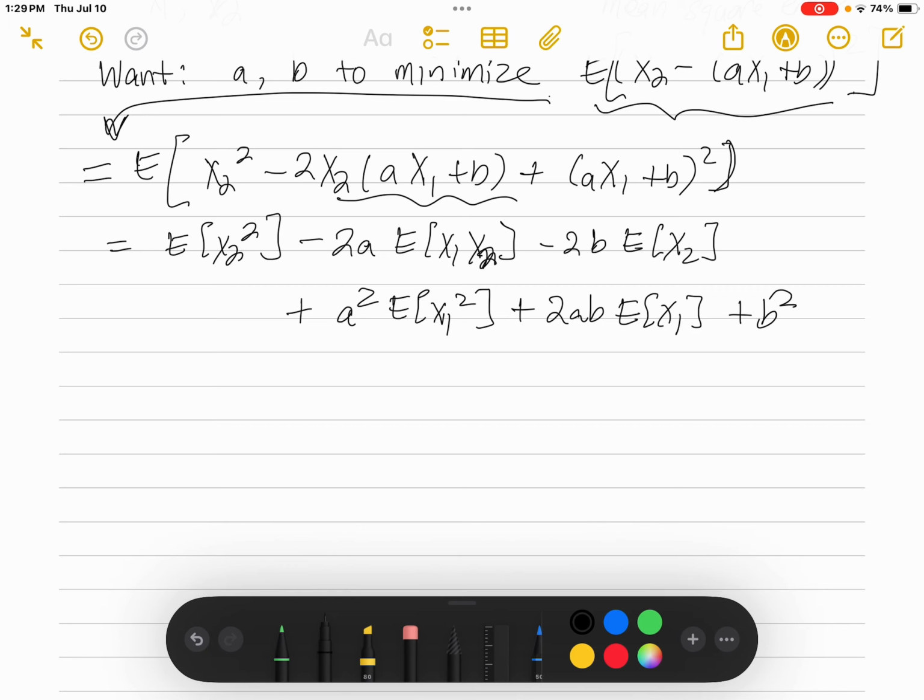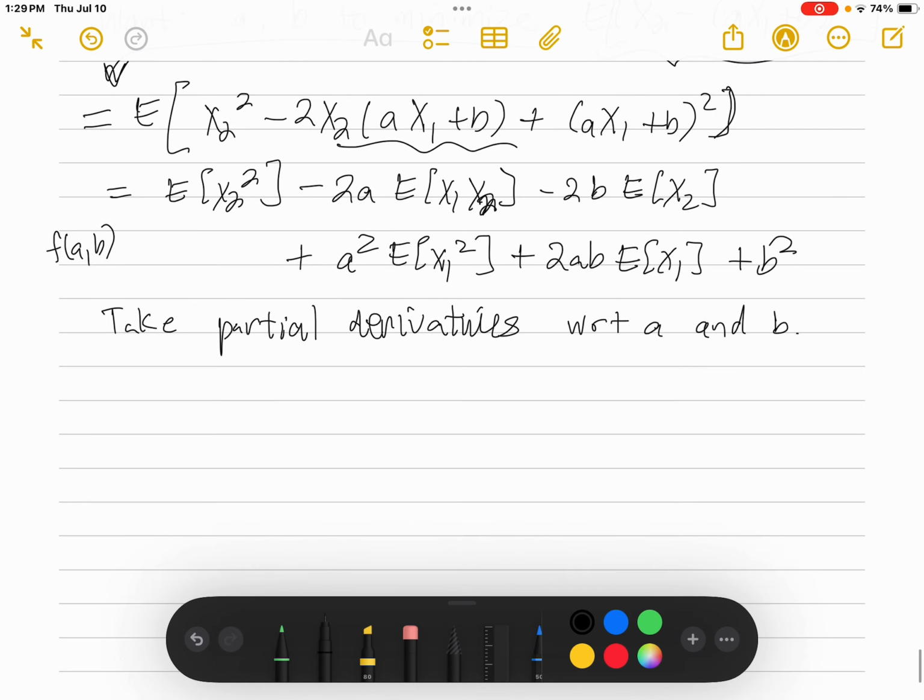We take both partial derivatives, with respect to a and b. Let's call this f of a, b, where a and b are variables here.